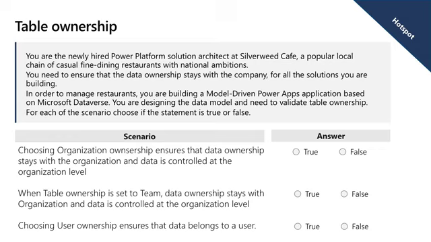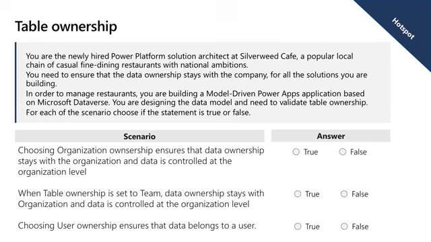So you got three different questions, and for each question you have to define if it's true or false. First scenario: choosing organization ownership ensures that data ownership stays with the organization and data is controlled at the organization level. Is that true or false? I think it's true.